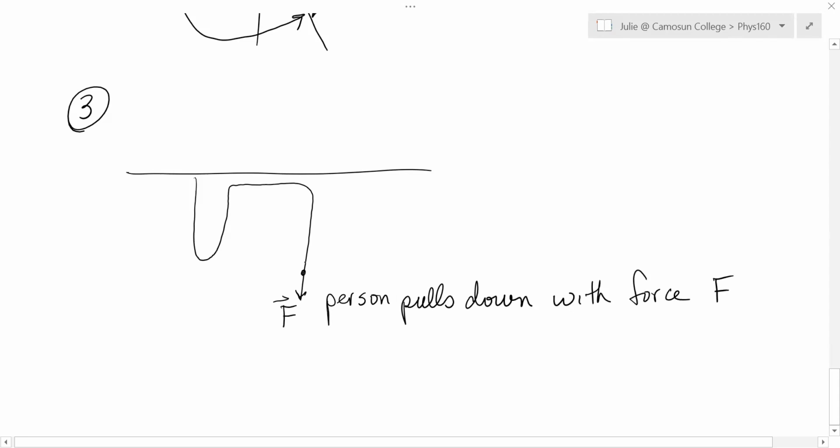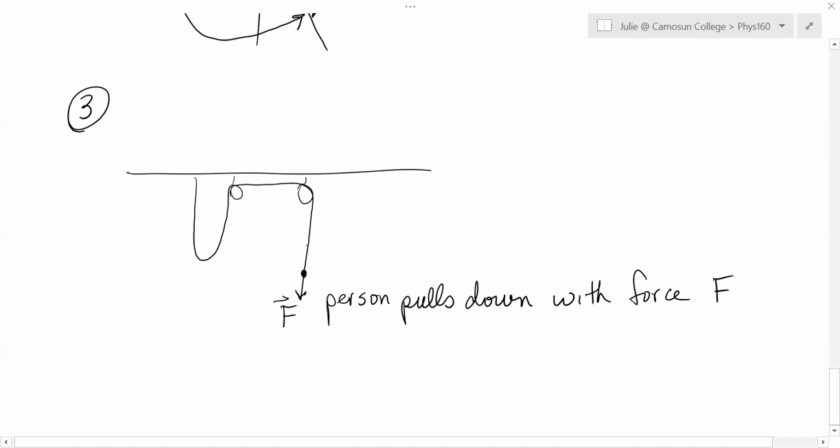That means the tension in the rope pulls up on the person, and there's pulleys here, so pulley and a pulley. So whatever force this person pulls down on this rope with, that is the force everywhere, the tension everywhere in that rope. And remember, ropes only pull.